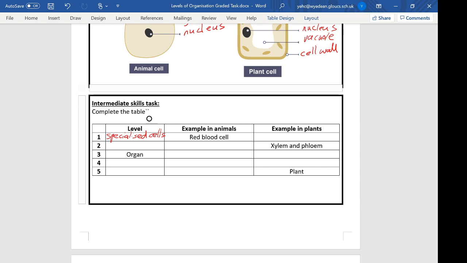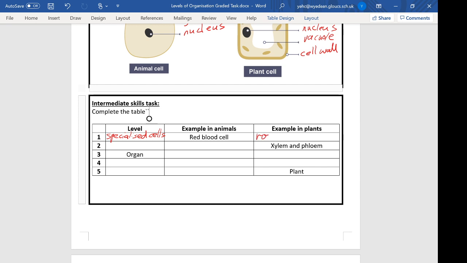Now I'm trying to think of an example in plants. Tom actually thought of the example earlier, but think back to any sort of plant cell that you remember. One thing that you would have learned about in the cells topic at the very start of your biology GCSE.